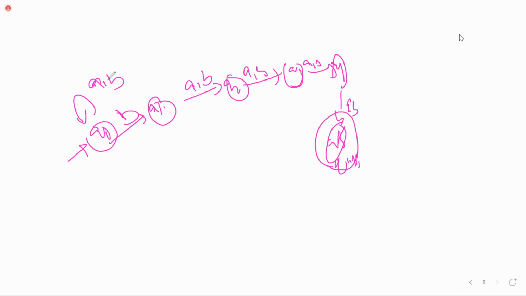So with this, I have introduced what is NFA, the definition of NFA, how to construct an NFA if you have set builder form, and how to construct an NFA if you have statement form. Is anybody still having doubts regarding this NFA?